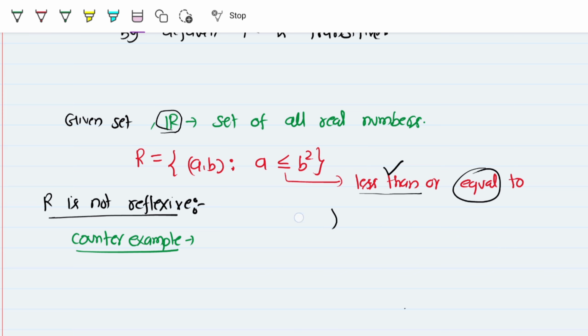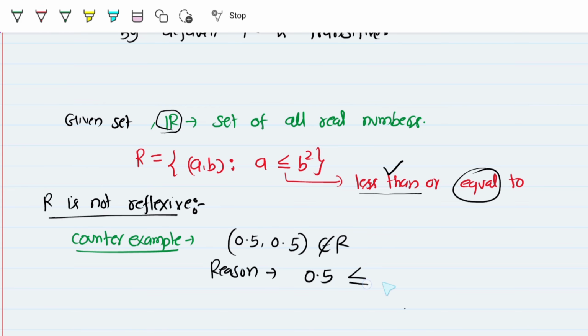So less than 1, let's say a value of 0.5. (0.5, 0.5) does not belong to R. What is the reason? Because 0.5 does not satisfy the condition with 0.5 squared, which is 0.25.